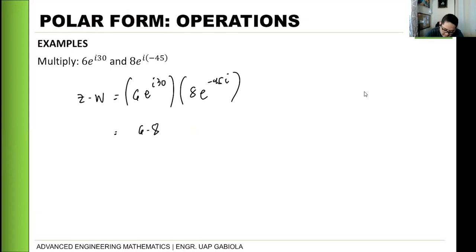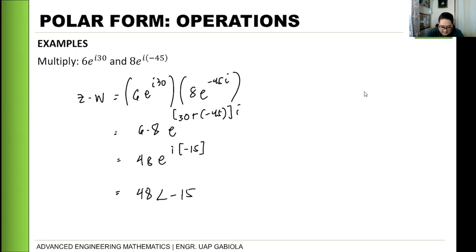We have 6 times 8, then e^((30 plus negative 45)i). That is 48 e^(-15i). Which is also equal, from what we did earlier, to 48 angle negative 15 as its polar equivalent.